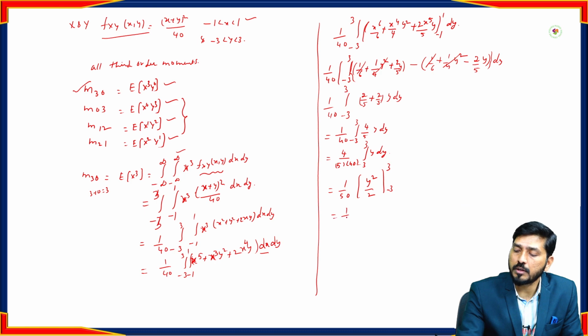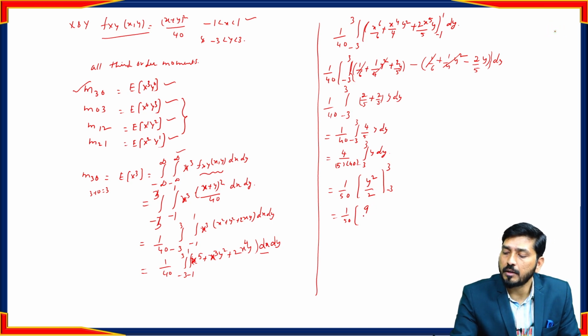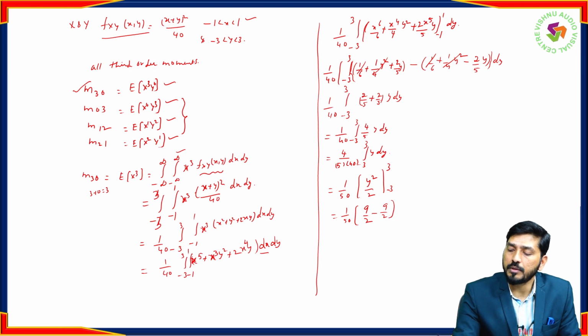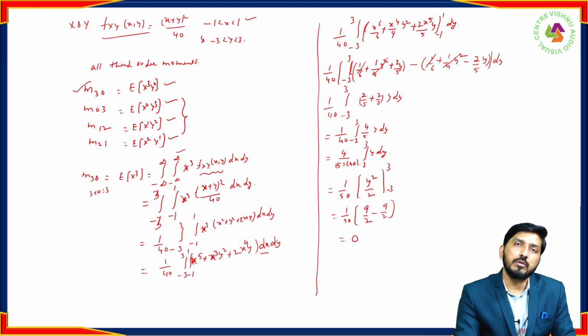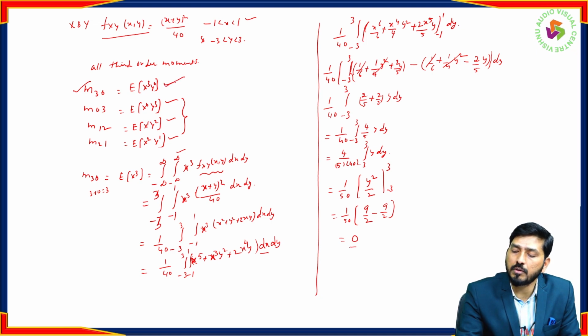On substituting the limits, it is 9 by 2 minus 9 by 2, which is equal to 0. So the third order moment M30 that we got is equal to 0.